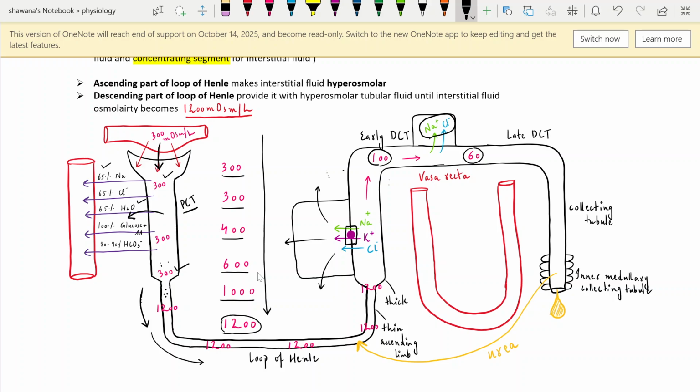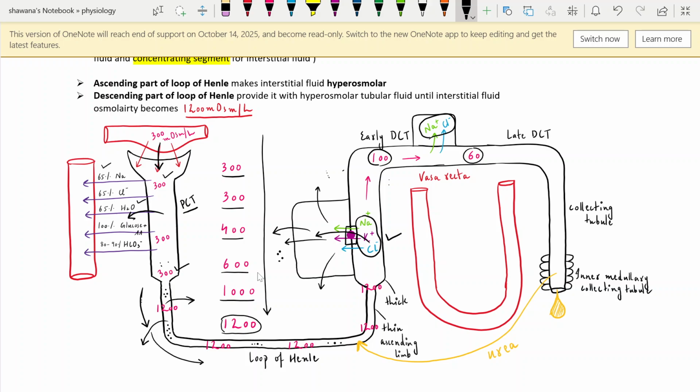It transports solutes from the lumen into the cell and from the cell out into the interstitium, and it contributes to the hyperosmolarity of the medullary interstitium because a lot of solutes are present here. A lot of solutes have been pumped from the lumen into the cell and from the cell into the interstitium.